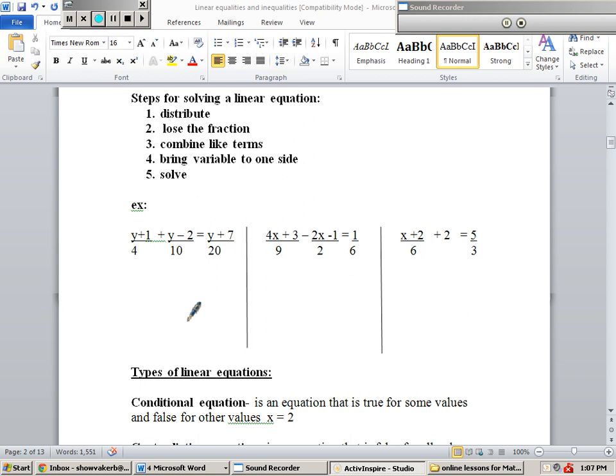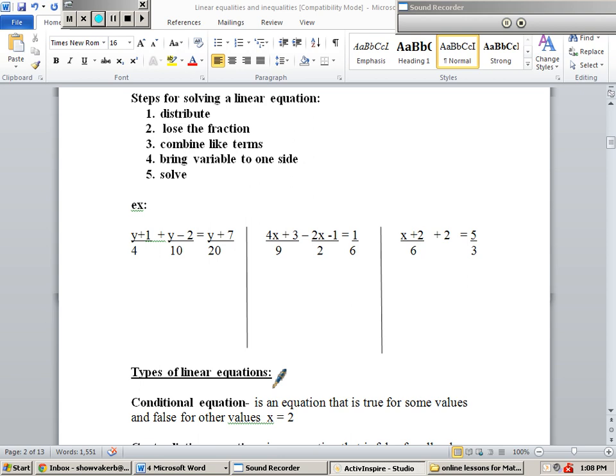Bring variable to one side. Move this over. Move this over. 6y equals 6. Divide by 6. Y is 1. So my answer is y is 1, and I didn't have to get a common denominator other than placing it out front, and I didn't have to move everything as with fractions.